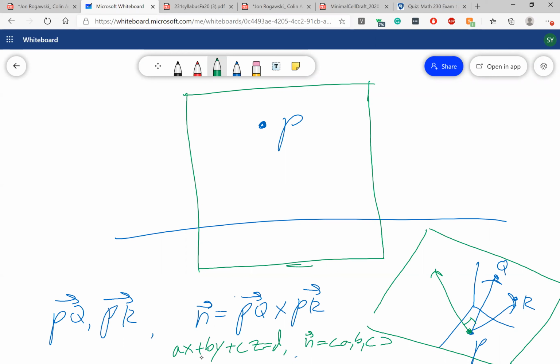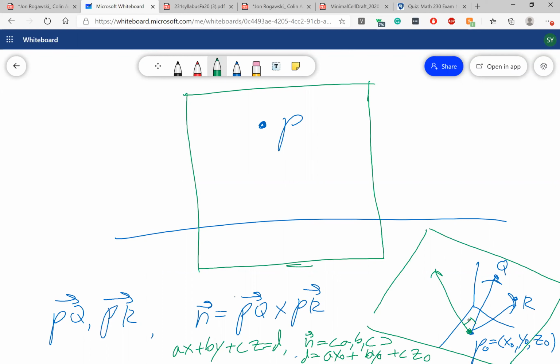You read it off these coefficients, right? And your D, if you have some point P0, which is the point x0, y0, z0, is going to be A x0 plus B y0 plus C z0. So that's what you do when we have 3 points.